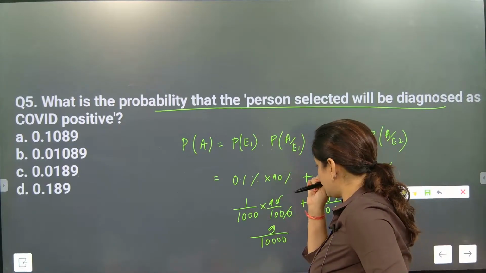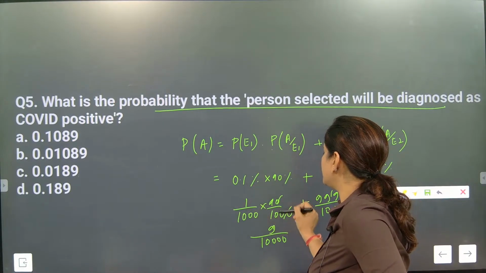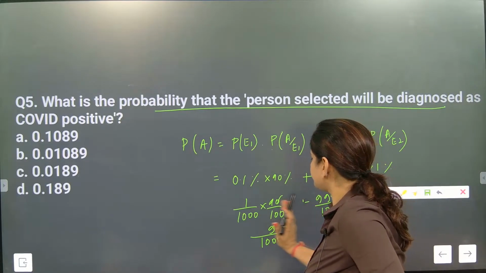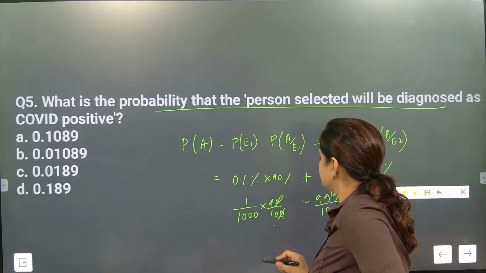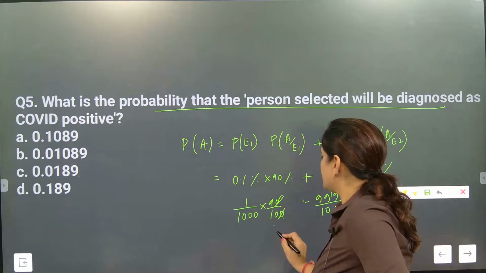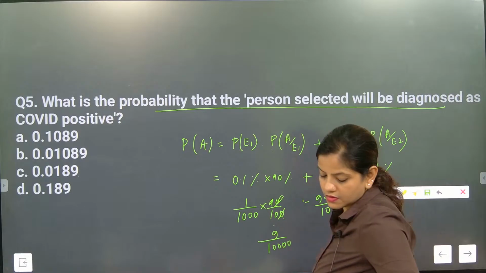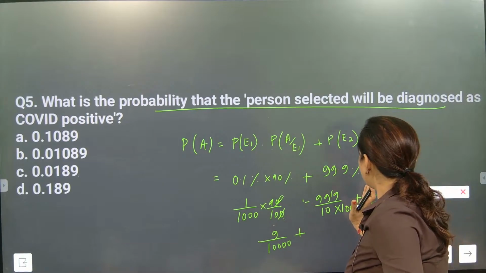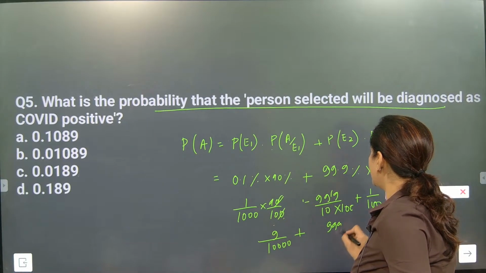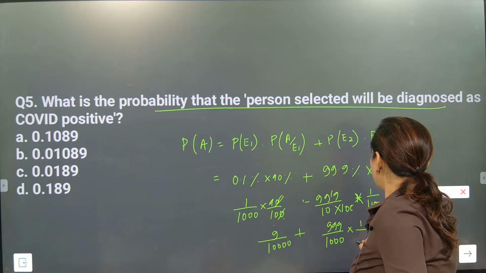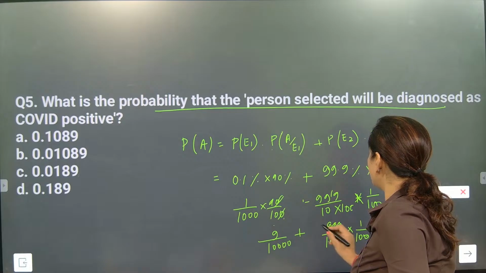By 100. 0.1 cancel, 1000 is coming, 90 by 100. Directly 90 by 9 by, this cancel 1, 2, 3, 4. Okay, this one part is coming plus 99 by 100. So now it is coming 999 by 1000 into 1 by 100. So 1, 2, 3, 4, 5.